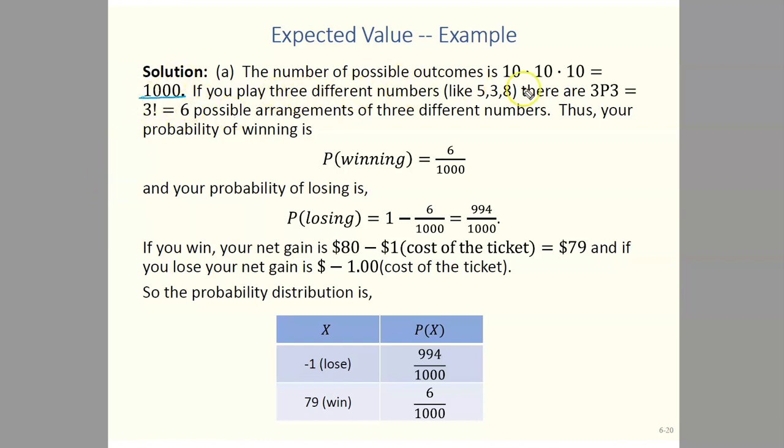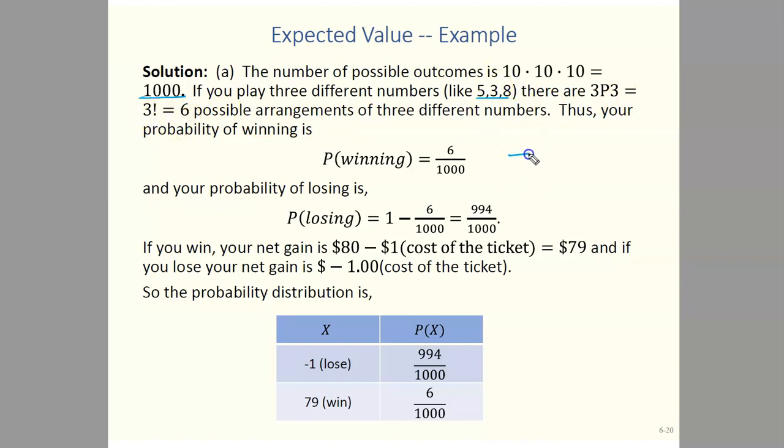Now, you selected the number like 538, 3 different numbers. How many arrangements are there of 538? In other words, how many times is 538 included in this 1,000? Well, the number of arrangements of 538 is going to be 3P3, which you can evaluate is 6, or it's also 3 factorial.